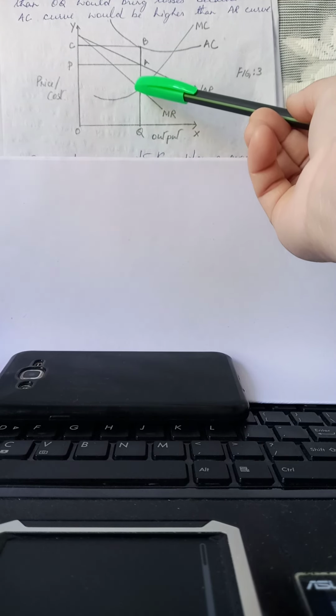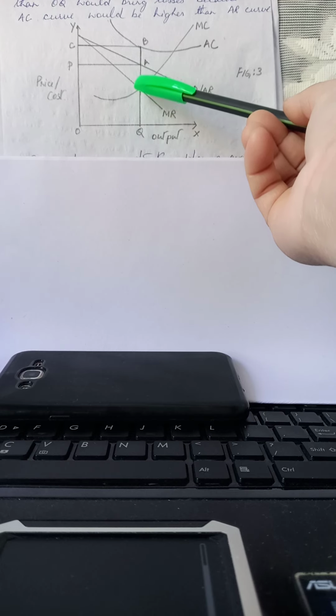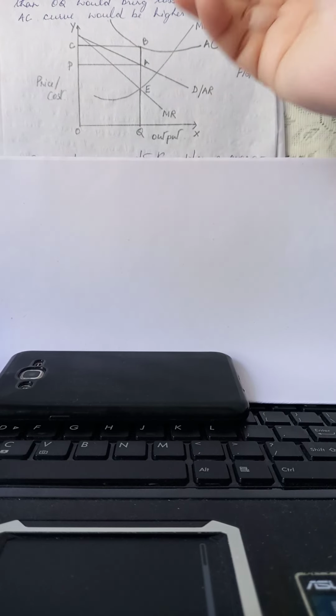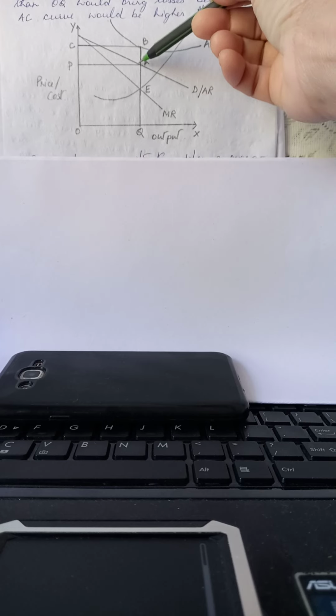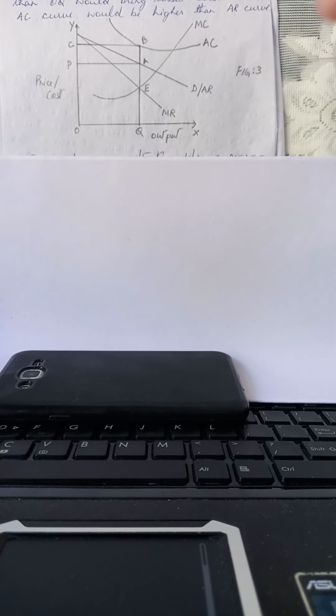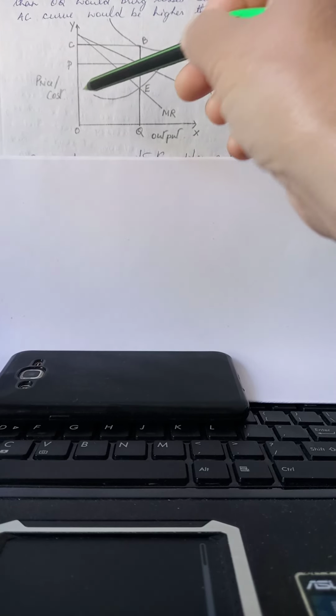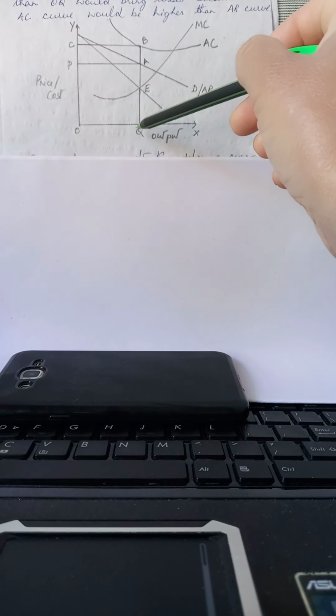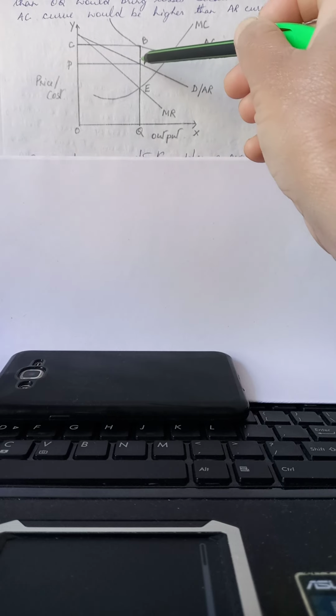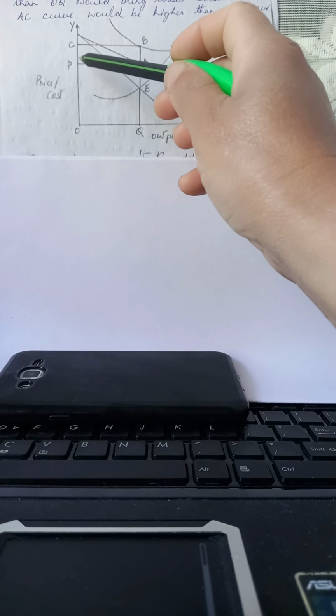We extend upwards to meet the AR curve till here, which means this monopolist is producing OQ as output at a price equivalent to QA or OP.